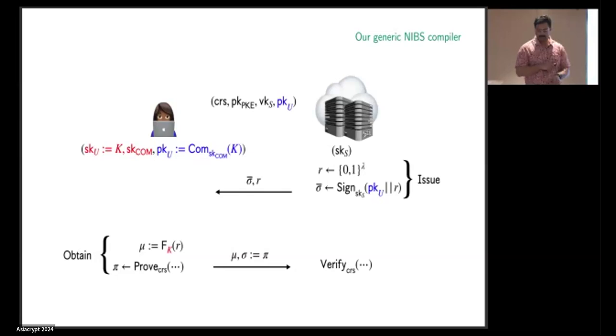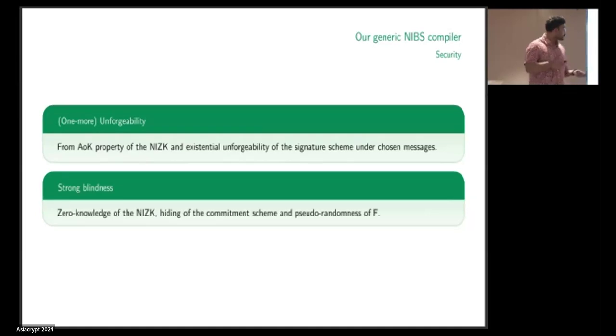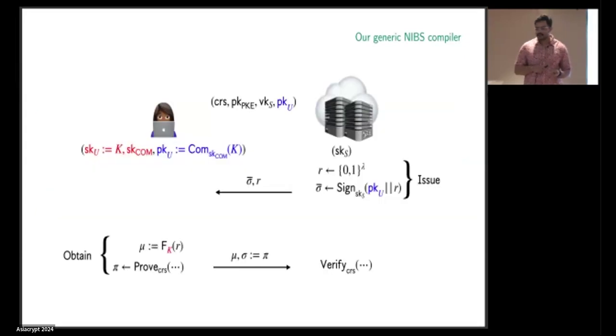The signature is just the proof, as you would expect, and both security proofs are quite straightforward. Unforgeability follows from the argument of knowledge property and unforgeability of the signature. For strong blindness, we require the zero knowledge property as well as hiding of the commitment. So I'm not going to discuss the proof.